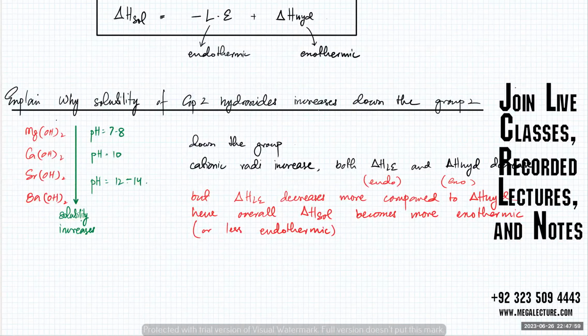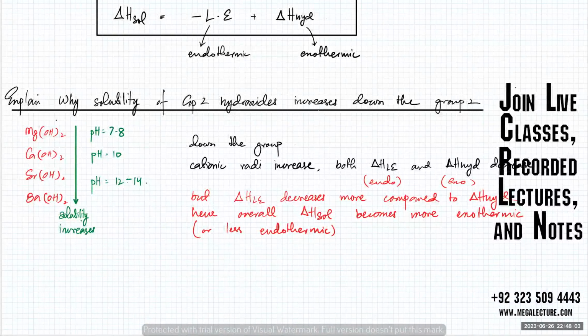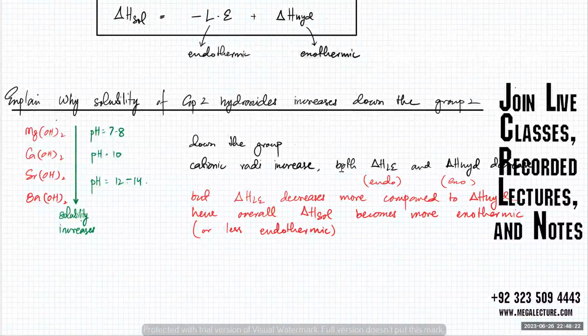No, I don't really understand the last part. See, I told you both of them are decreasing, right? When you move down the group, the ion size becomes bigger. Bigger ions form weaker bonds. So you're breaking and forming weak bonds down the group. That means you're breaking a lattice that is weak, and you're forming bonds with water that are also weak. So both of them are decreasing. Both lattice energy and enthalpy of hydration decrease, right? Yeah.